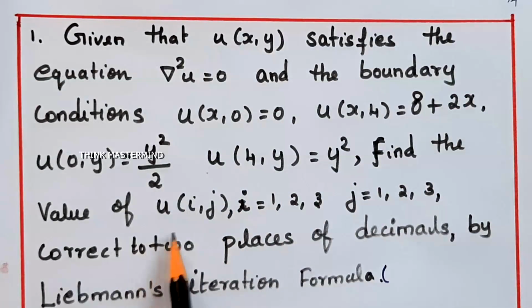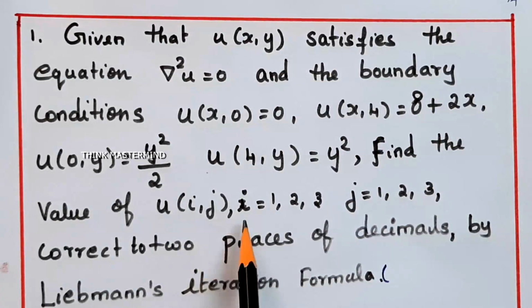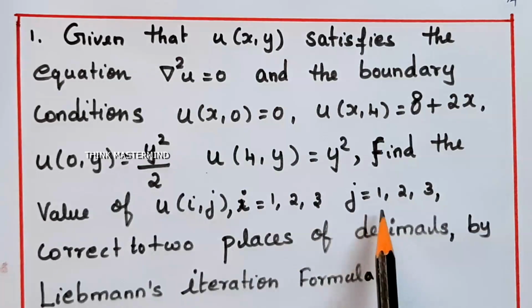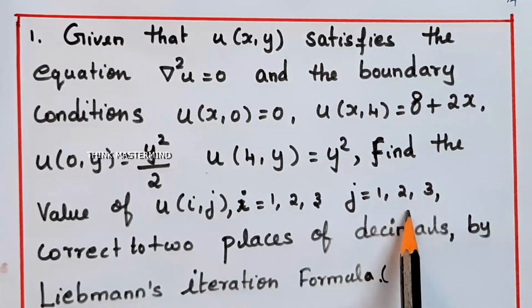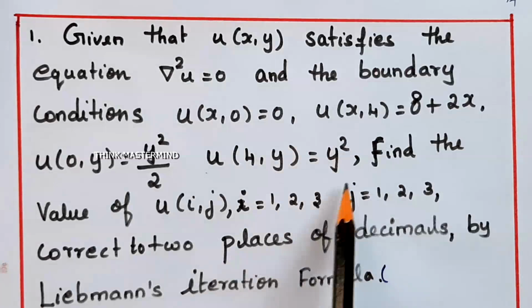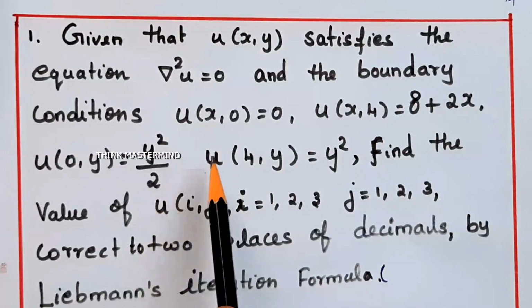Find the value of u(i,j), where i takes the value 1, 2, 3 and j is equal to 1, 2, 3, correct to two places of decimals by Liebmann's iteration method. So these are all the given boundary conditions of u of x comma y.